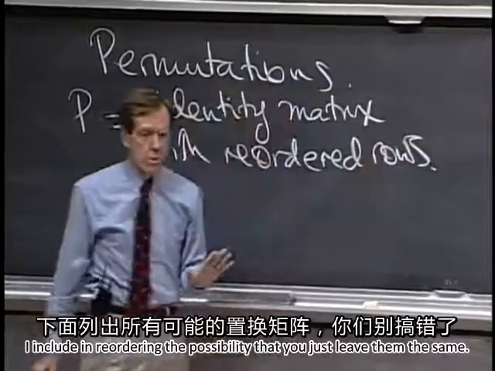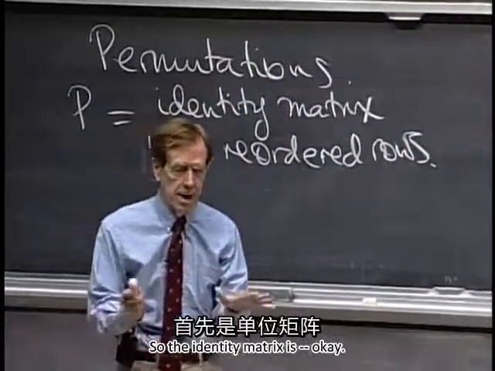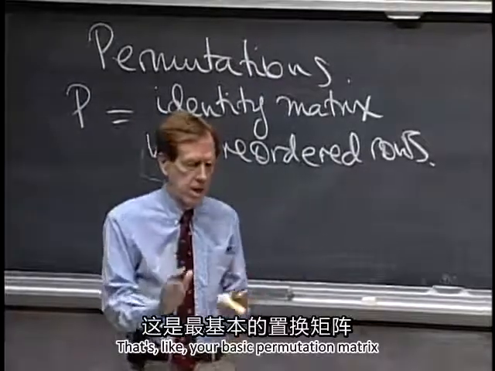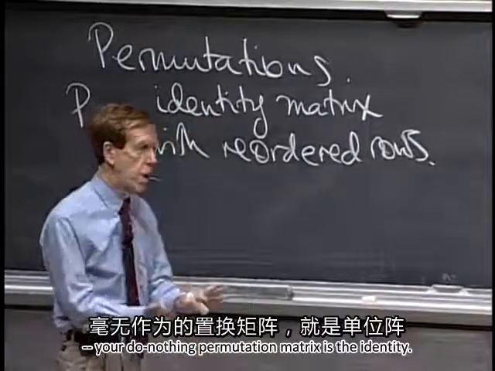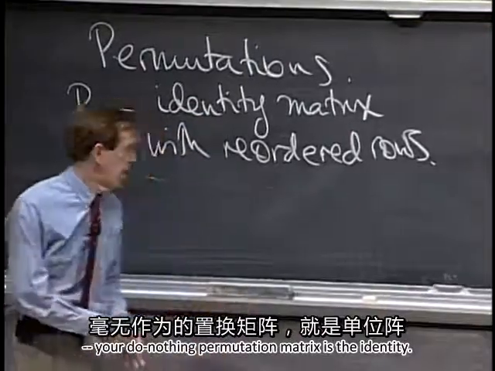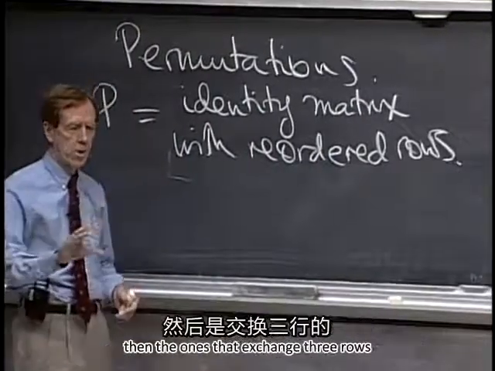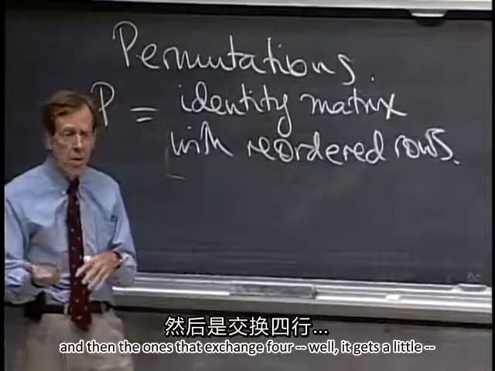Well, I include in reordering the possibility that you just leave them the same. So the identity matrix is okay. That's like your basic permutation matrix. Your do-nothing permutation matrix is the identity. And then there are the ones that exchange 2 rows, and then the ones that exchange 3 rows, and then the ones that exchange 4.